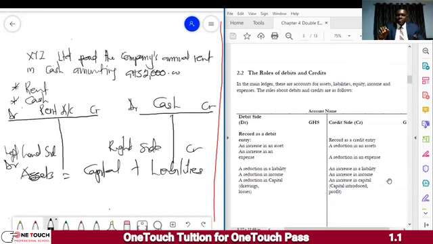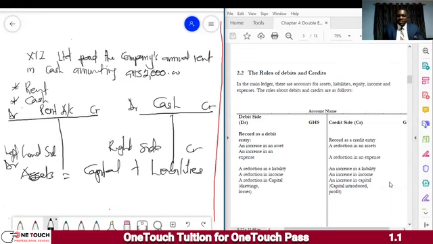The side in which an increase in asset is recorded, or an increase in liability is recorded, tells you the balance or the position where the final figure for that element of the financial statement will be. Good. So let's see, just a brief recap.